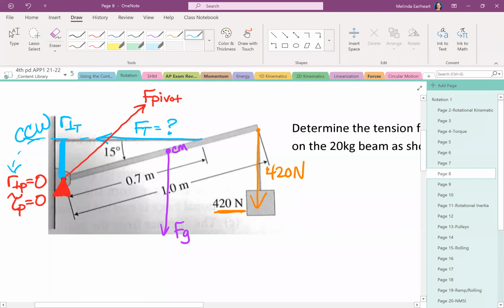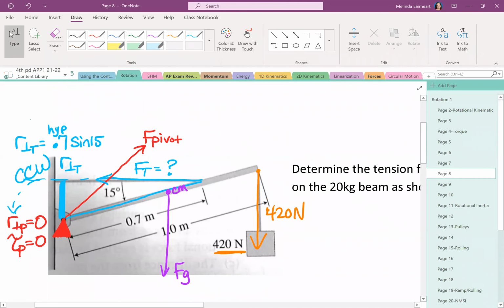Because if you think about a tension triangle, they tell us 0.7 meters is where it's attached. They tell us 15 degrees. And notice that perpendicular portion is opposite theta. And so our perpendicular is going to be the portion, 0.7 hypotenuse times what trig function? Sine. Times sine 15. So go on and get that for me real quick while we're here.